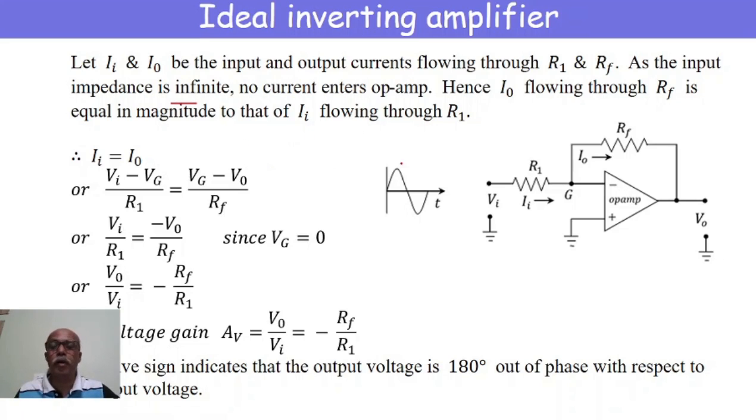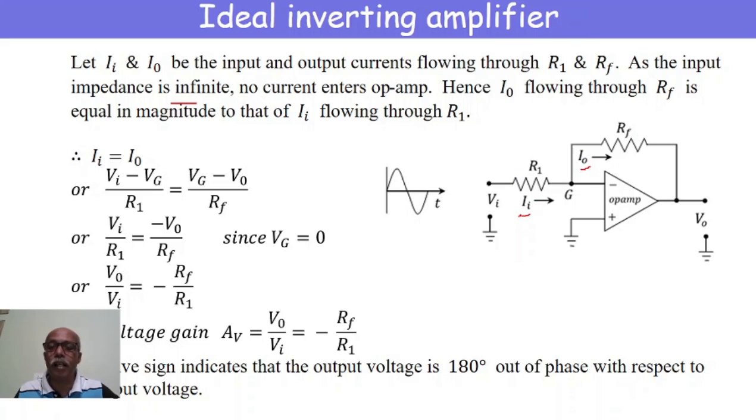Because of the high input impedance, no current will enter the op-amp, and therefore all the current which is entering will flow in this direction. This is the direction of flow of current. Therefore, Ii will be equal to Io. In the sense, the input current flowing through R1 will be equal to the output current flowing through RF.